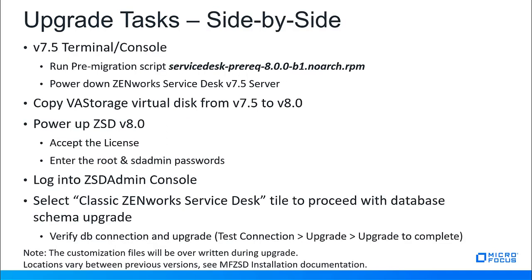Upgrade tasks, side by side. Some of the tasks that you'll do is basically, on the version 7.5 terminal console, you'll run a pre-migration script, power down the ZENworks 7.5 server, copy the VA storage virtual disk from 7.5 to the 8.0 appliance, power up 8.0, accept the license, enter the root and SDadmin passwords on the new appliance, log into the SDadmin console, select the classic ZENworks Service Desk tile to proceed with the database schema upgrade, and then verify the database connections and upgrade using the test connection button, upgrade, and upgrade to complete.